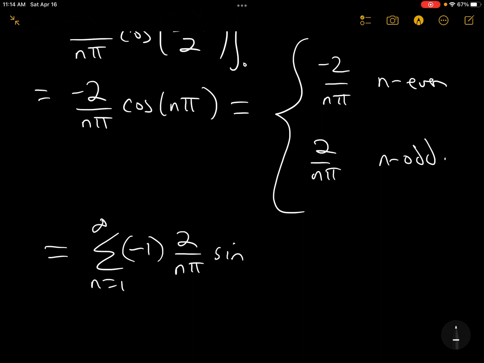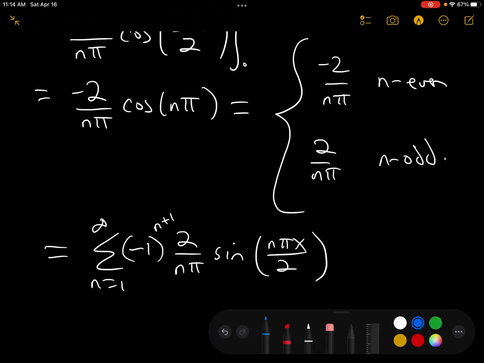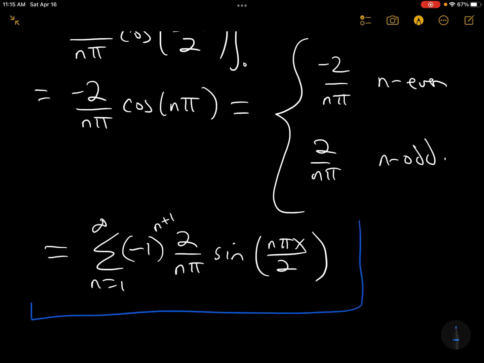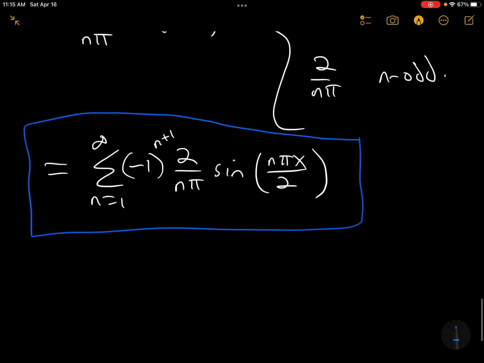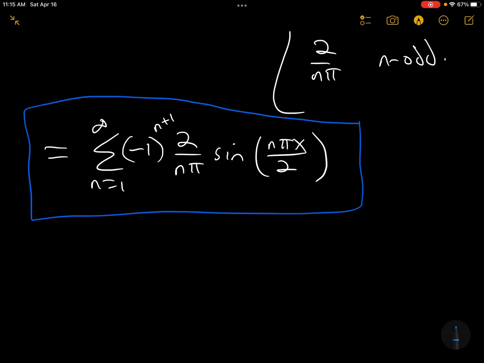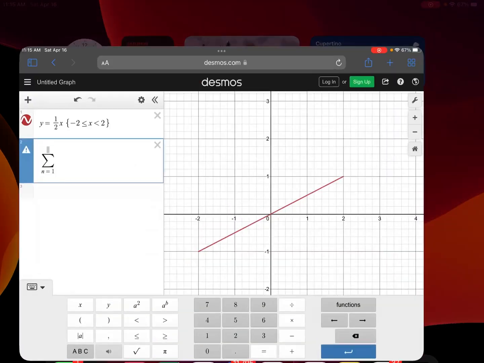Then I have 2 over n pi sine n pi x over 2. And the minus 1 gets an n plus 1 because we want the odds to be positive. So hopefully this is the right answer. Let's check.